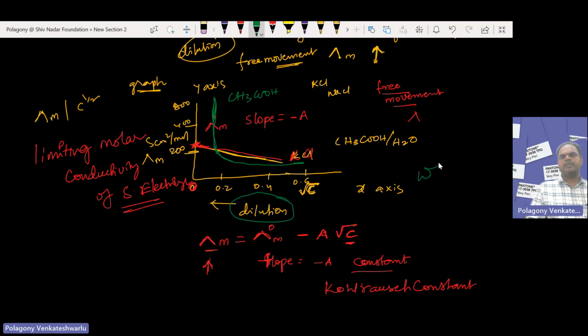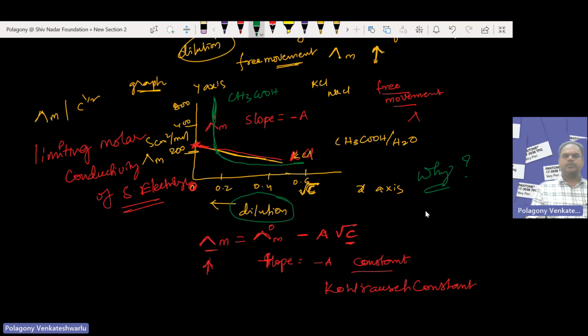So why is this happening? Why is it not intercepting the y-axis? Why is it a steep line? Here we cannot intercept this point.